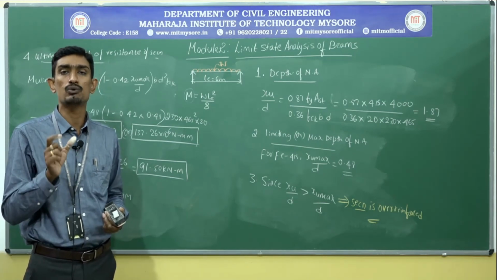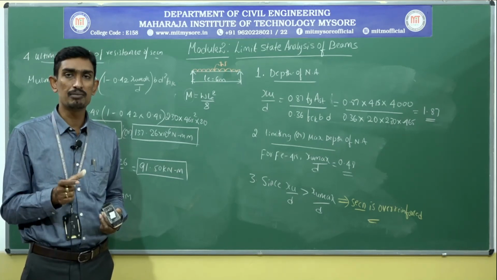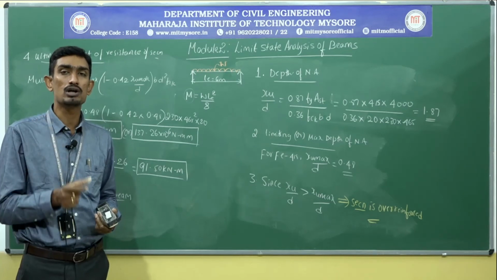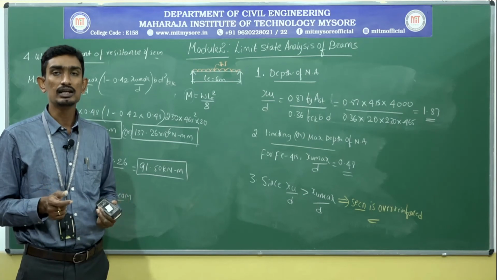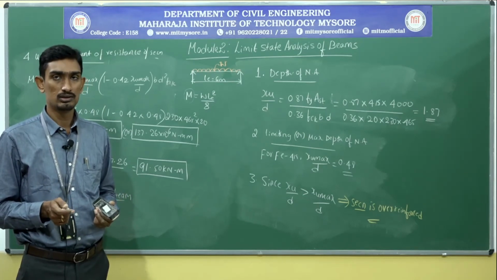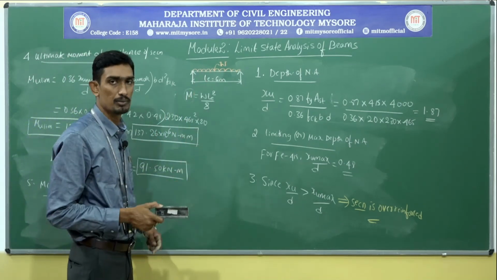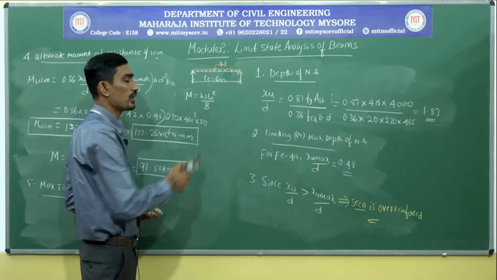Dead load is the self weight of a member and live load is the superimposed load I am going to impose on the beam. But in this case, it has not been bifurcated. He is directly asking what is the total UDL. For a simply supported beam subjected to total UDL of W, I am going to use the formula M is equal to WL square by 8.